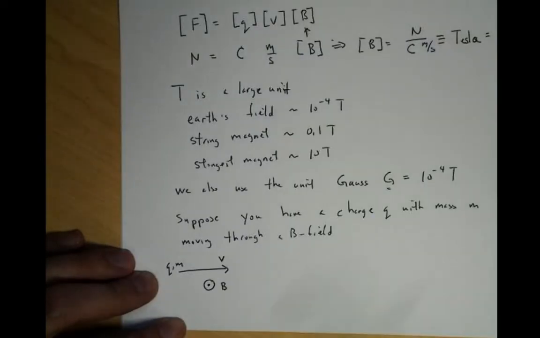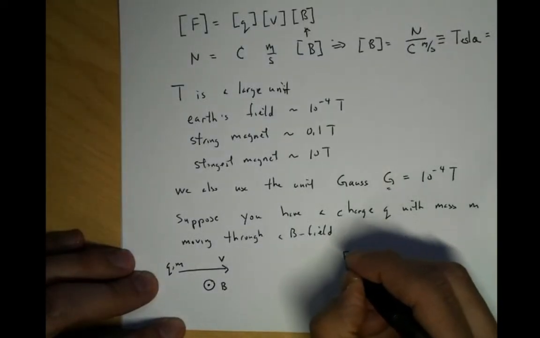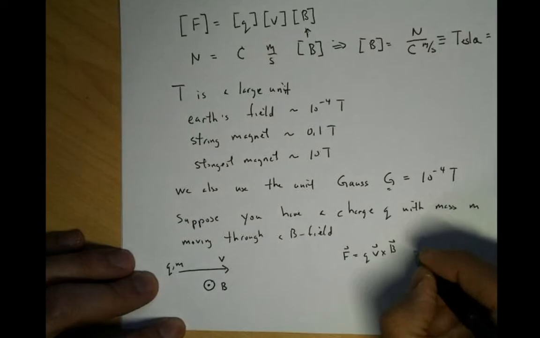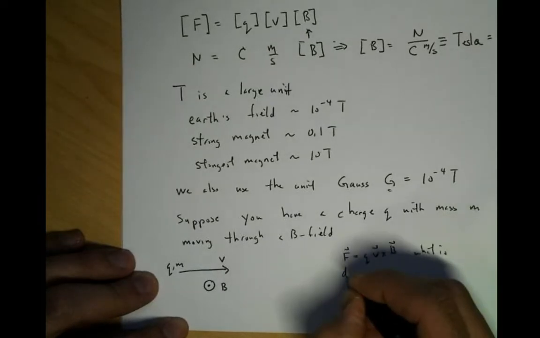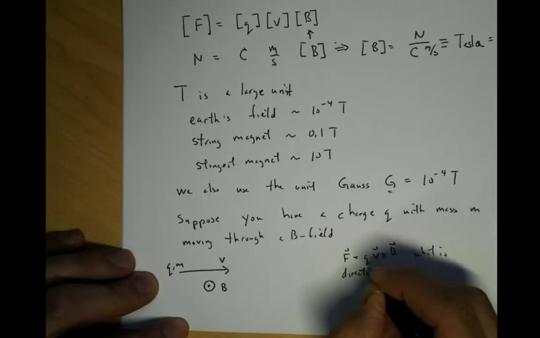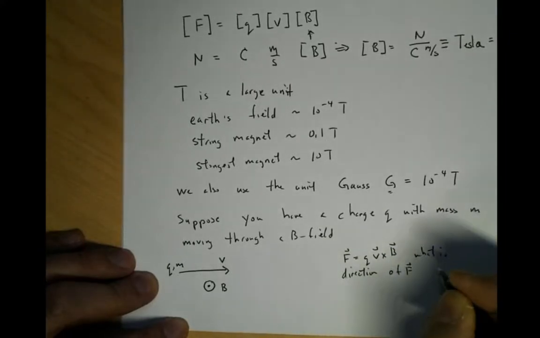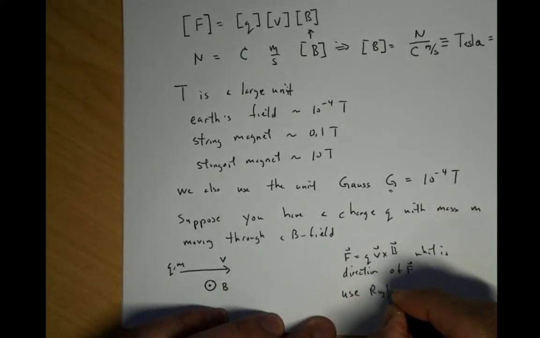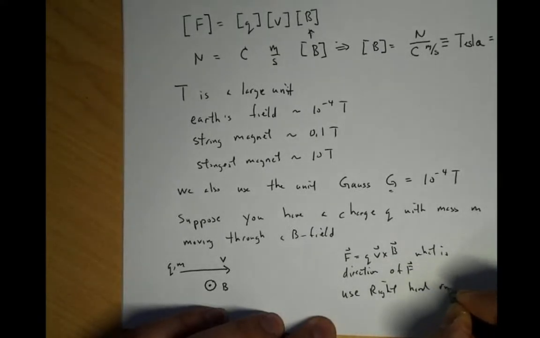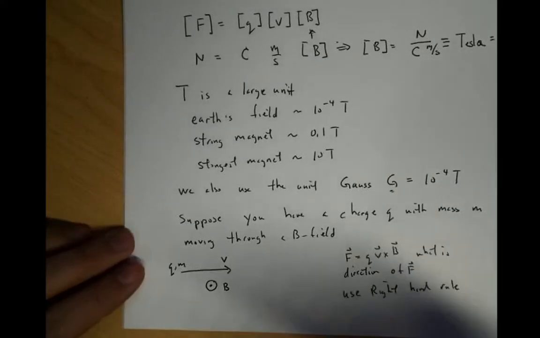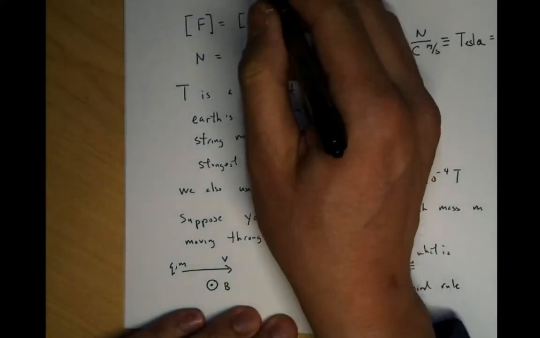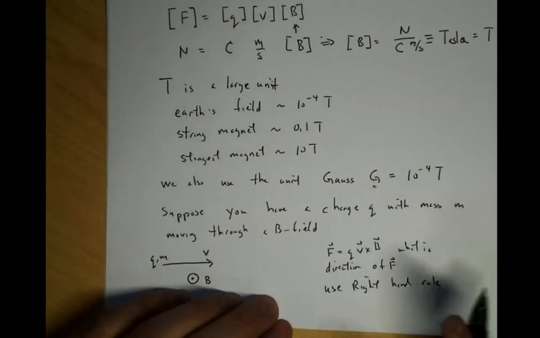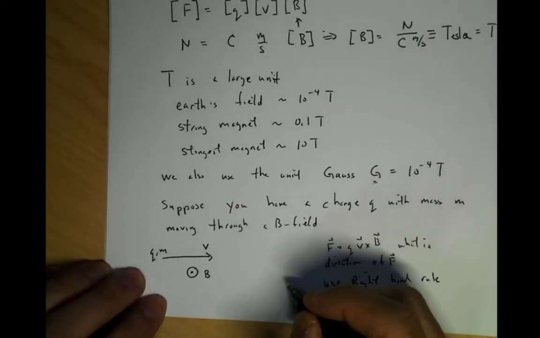Now I want to figure out what the force is, or at least the direction of the force, which is QV cross B. So what is the direction of F? For this, you can use the right-hand rule. Let's look at how the equation is written: V cross B. You imagine your right hand.